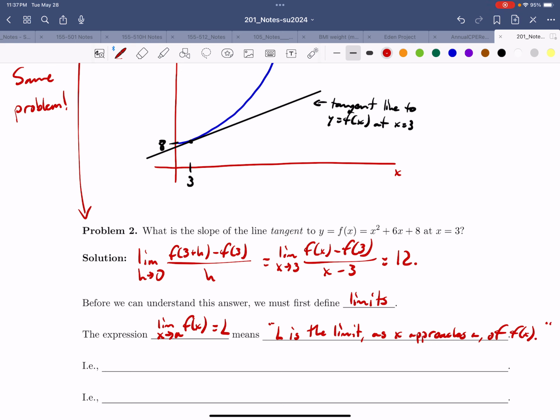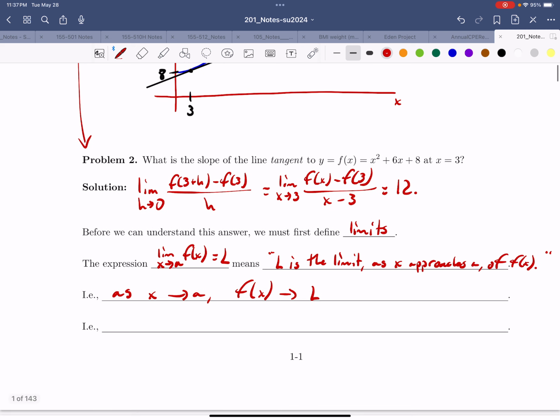Okay? I.e., as x approaches a, f of x approaches L. And that's a pretty good definition. You'll actually see that in some of your web assigns.